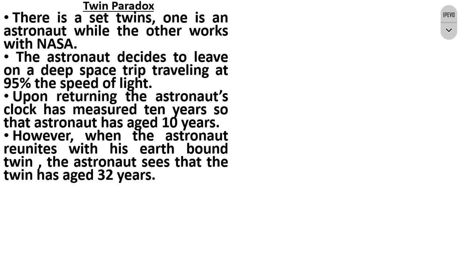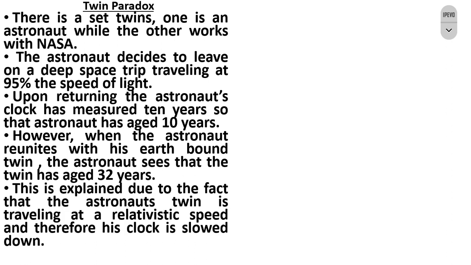However, when the astronaut reunites with his earth-bound twin, the astronaut sees that the twin has aged 32 years. When they met, the one that returned has aged 10 years, while the other one who was on Earth has aged 32 years.